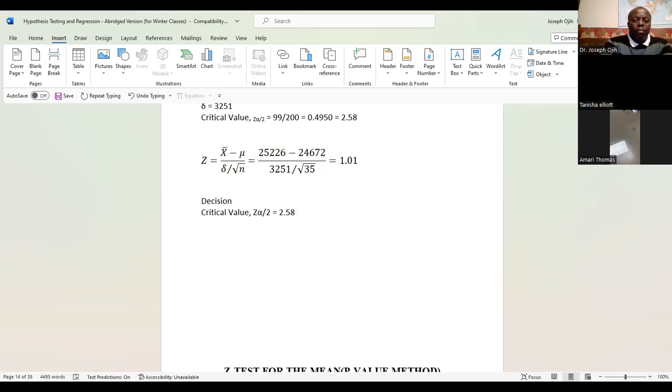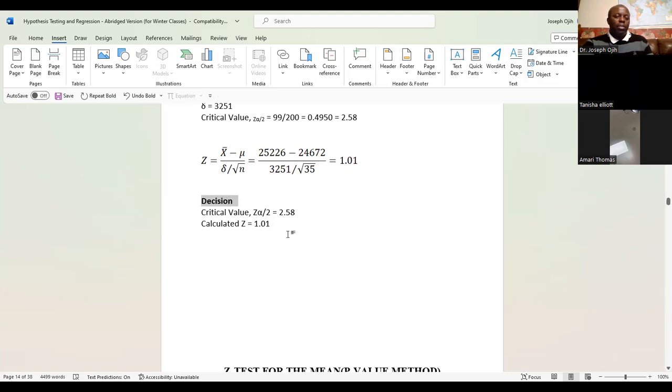But the calculated value, our answer, calculated Z equals 1.01.